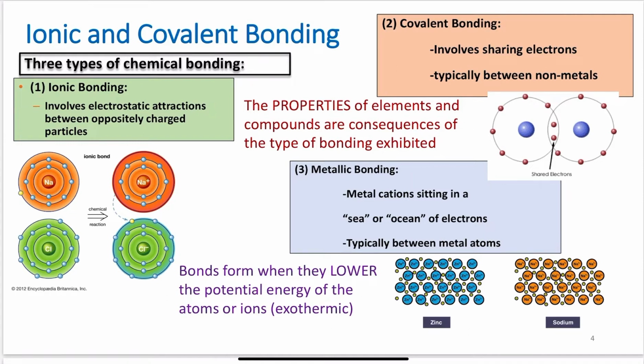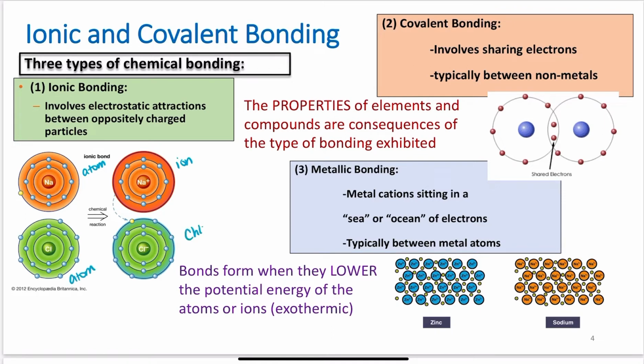Ionic bonding, again, involves the electrostatic attractions between oppositely charged particles. So here I've got a sodium atom. Here I've got a sodium ion. So atom versus ion. What do I mean by those terms? Here I've got a chlorine atom.